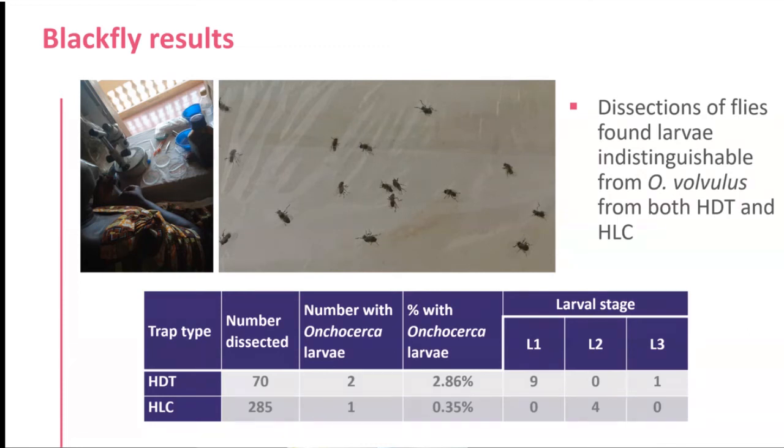By dissection we obviously couldn't differentiate between Onchocerca ochengi and volvulus, but nonetheless we did find L3 stage larvae in the decoy trap. So we had at least one infected fly from the decoy trap, although we didn't find any in the human landing catch subsample that we dissected.